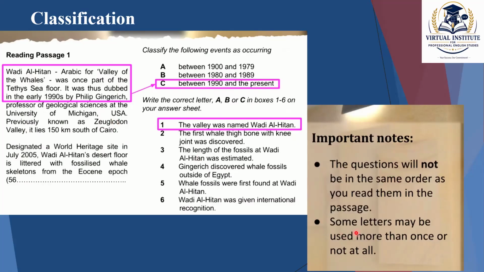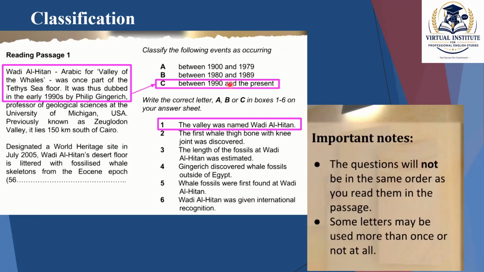Further, some letters may be used more than once or not at all. Now we have these 3 letters. And how many questions do we have? 6, right? So it means that some of the letters might be used more than once. For example, A happens between the 1900s and 1979.